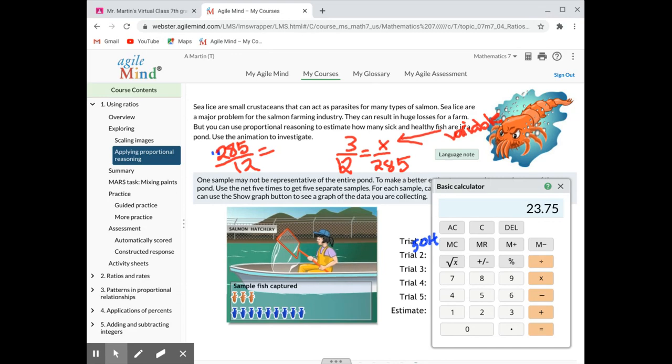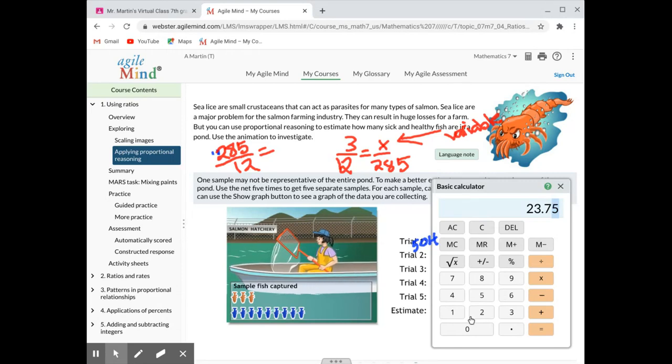I didn't round it. All right. So remember that when we round, if we're rounding to the nearest tenth, we're going to look at the hundredths place. And if the hundredths place is 5 or more, then the tenths place goes up how many times? 1 time. So 23.75 rounded to the nearest tenth is going to be what?